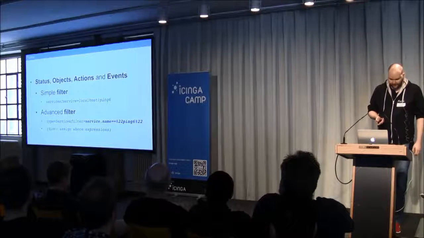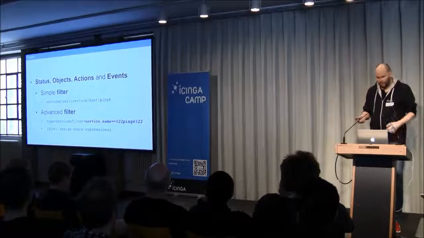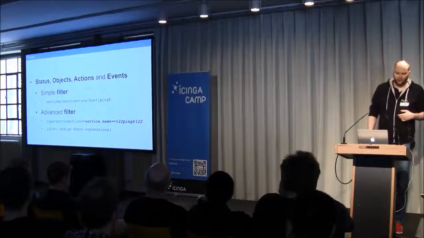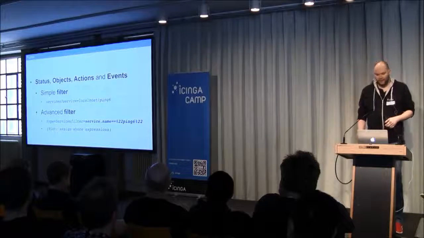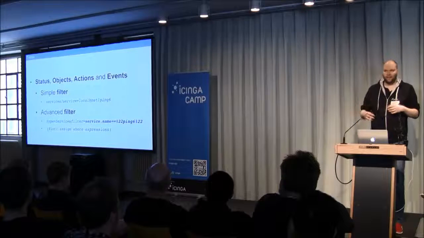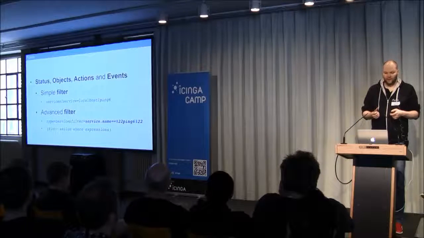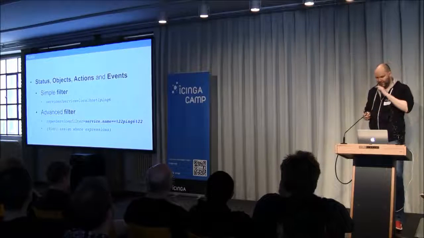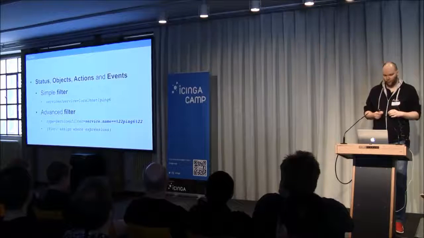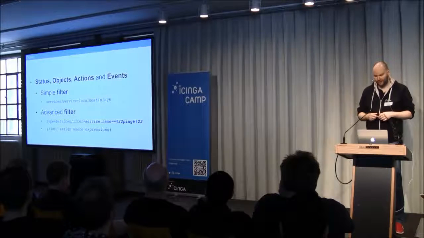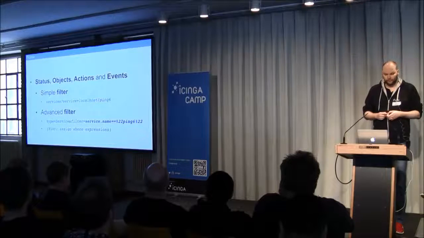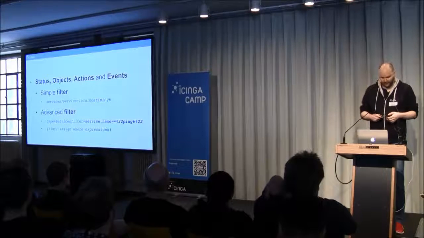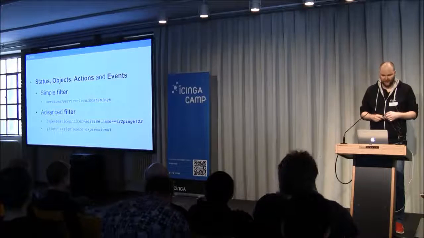When you want to query an object, send an action, or subscribe to events, it's not always that you want to select one object; you want to filter. You can use a simple filter where you provide, for example, the host name, then the exclamation mark and the service name.